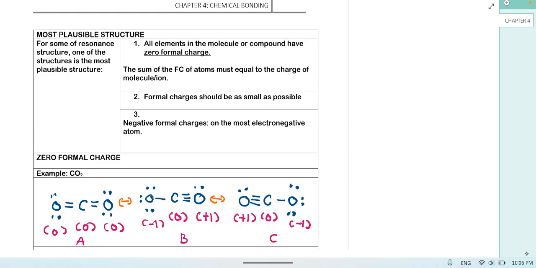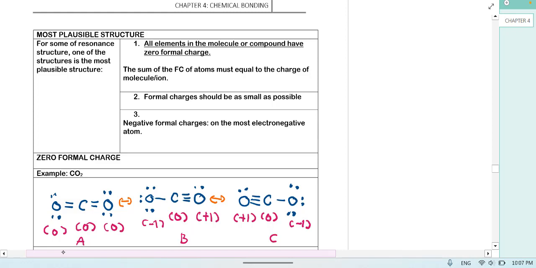So the most plausible structure is the one with zero formal charges for all the atoms in the molecule. So all atoms in A, carbon and these two oxygen atoms, have zero formal charges. So A is the most plausible.